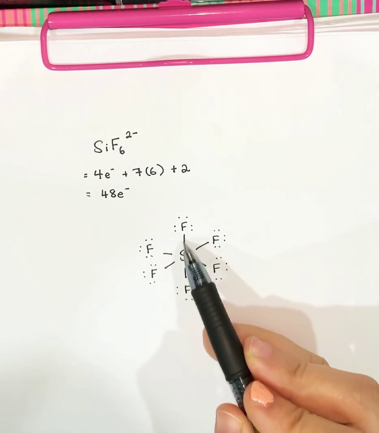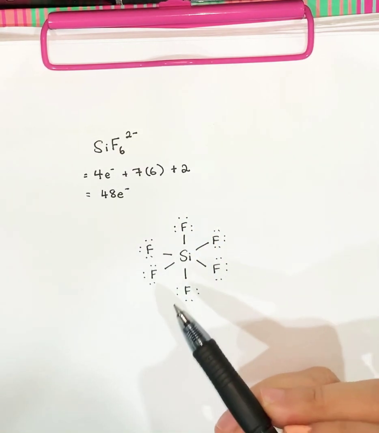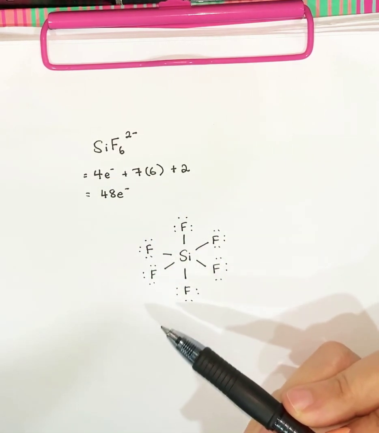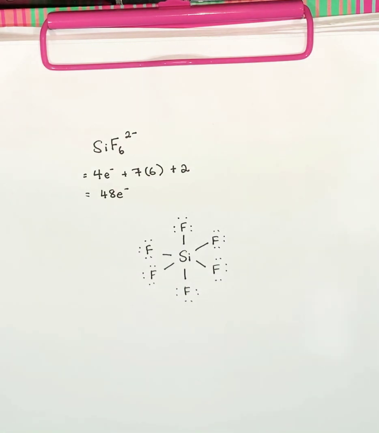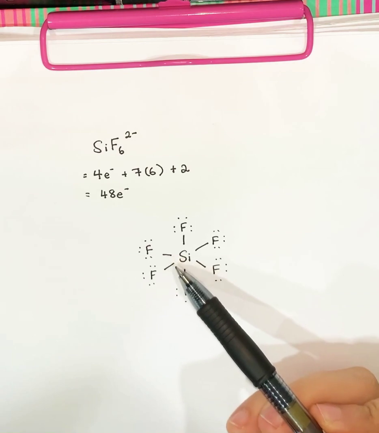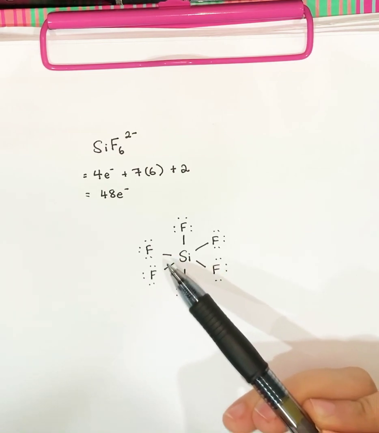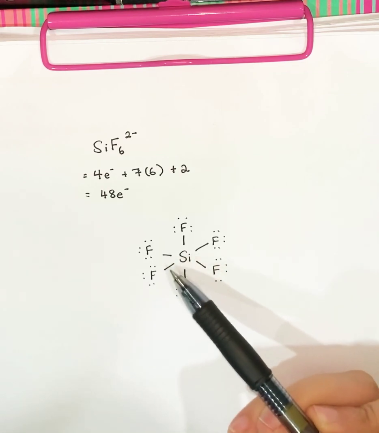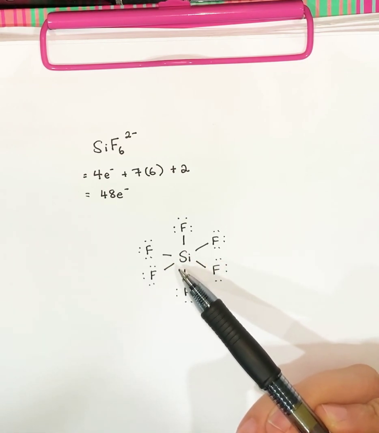Okay, just remember this represents 2 electrons. Now, since silicon only has 4 valence electrons, 1, 2, 3, 4 that shared to make this covalent bond came from silicon.